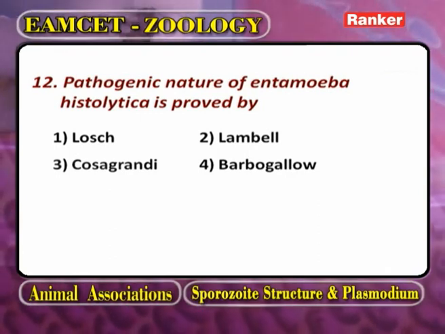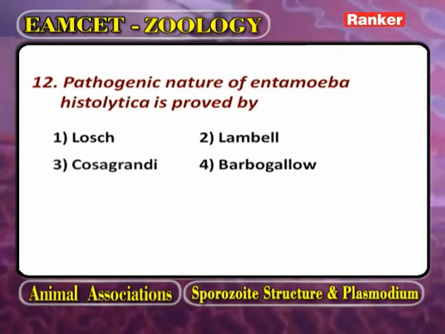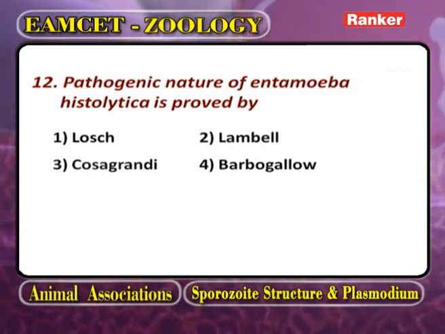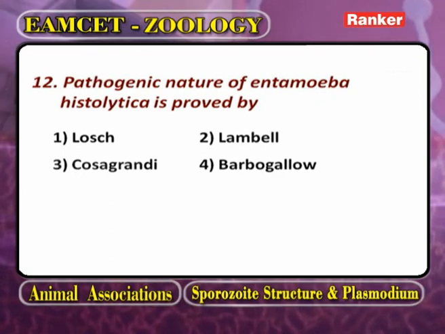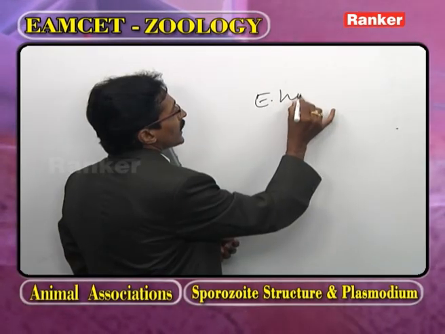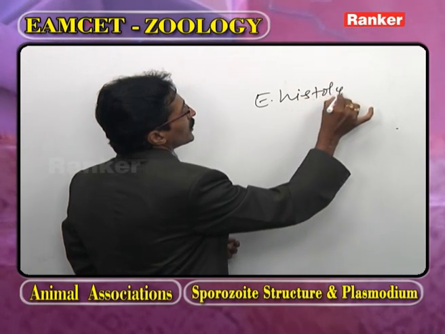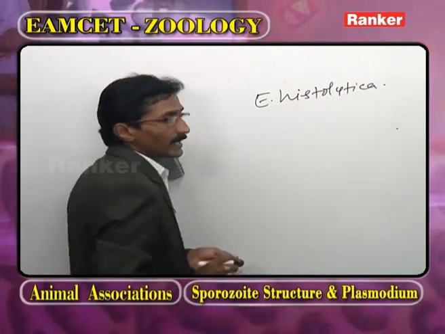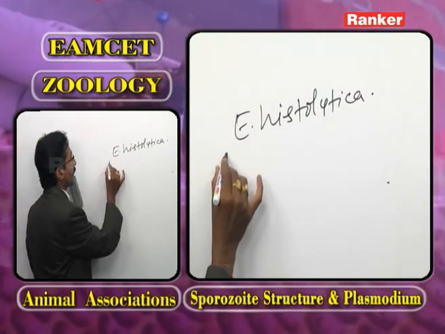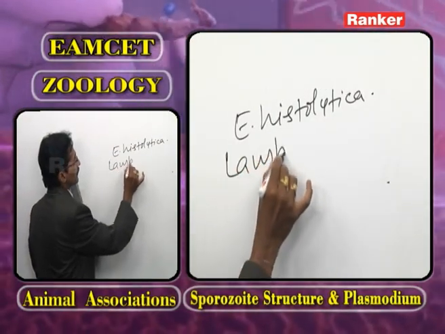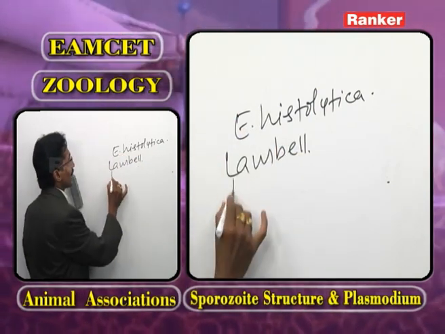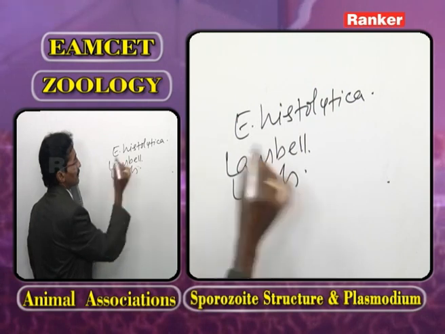Pathogenic nature of Entamoeba histolytica is explained by, again repeating, pathogenic nature of Entamoeba histolytica. We have a good idea regarding Entamoeba histolytica. It was discovered by Lambl. The pathogenicity is explained by Lösch.